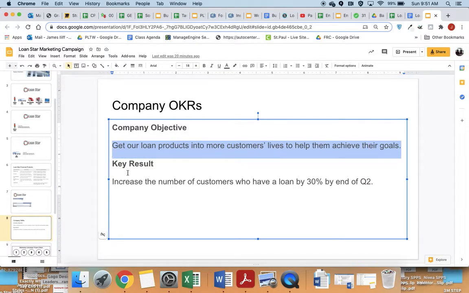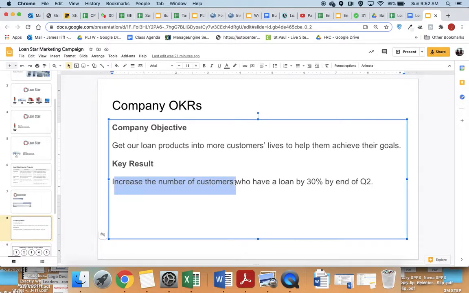Now, getting more specific, your management team has given you this goal. Here is your goal. Increase the number of customers who have loans by 30% by the end of quarter two.